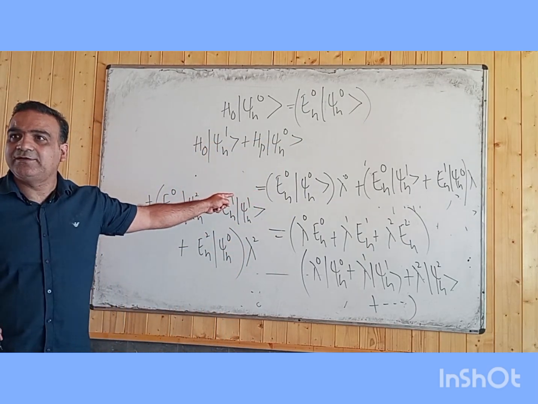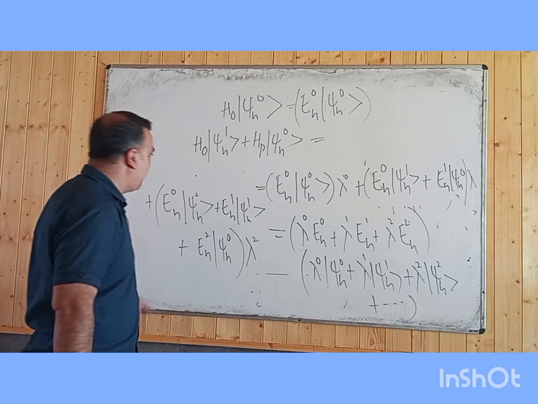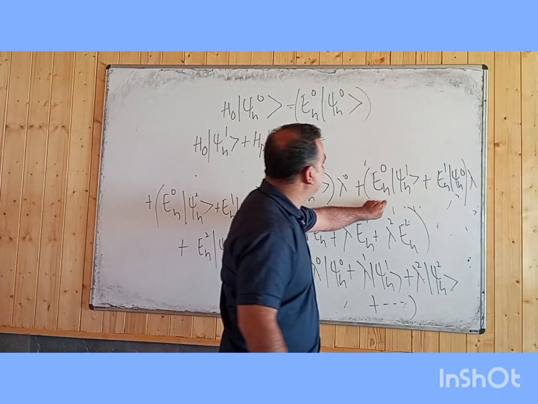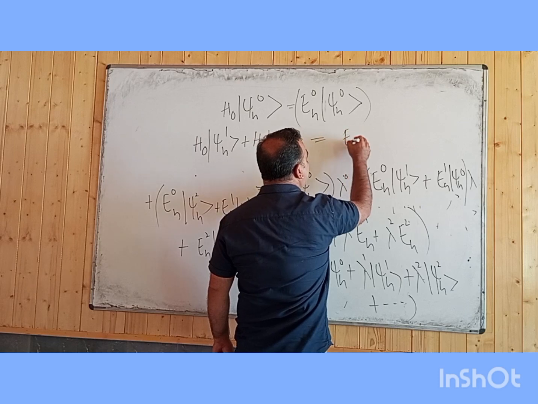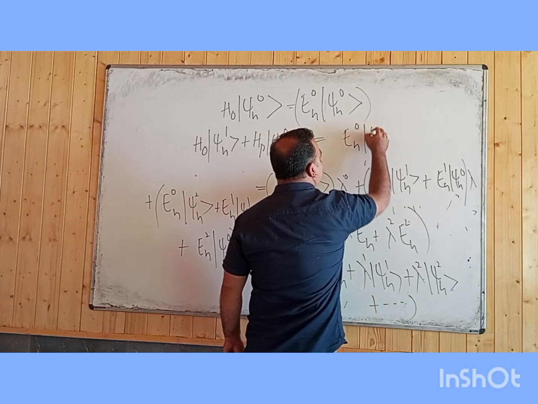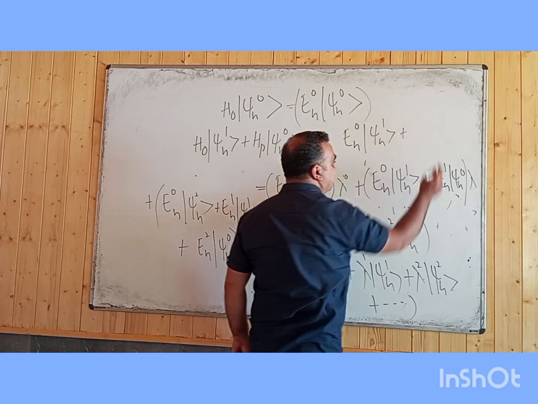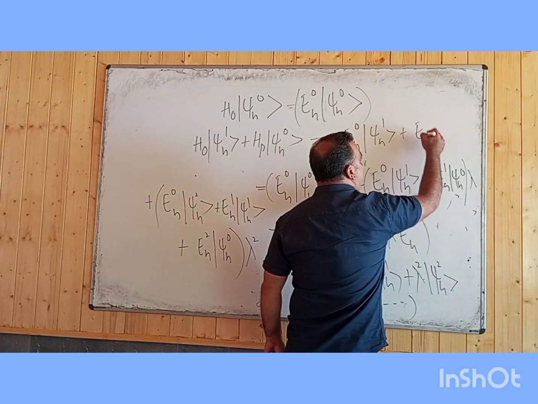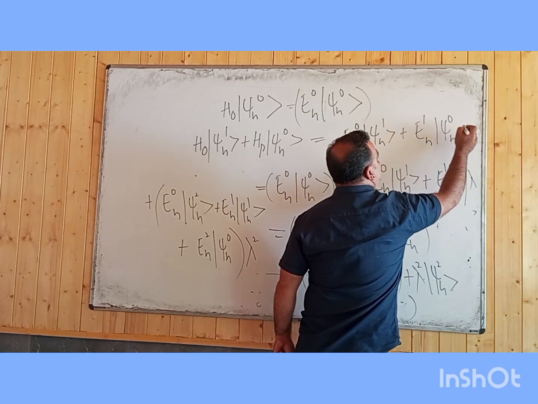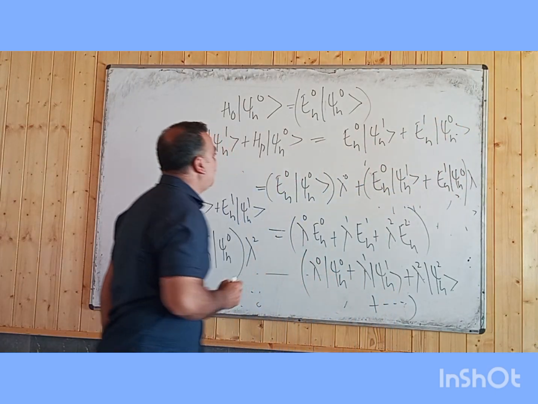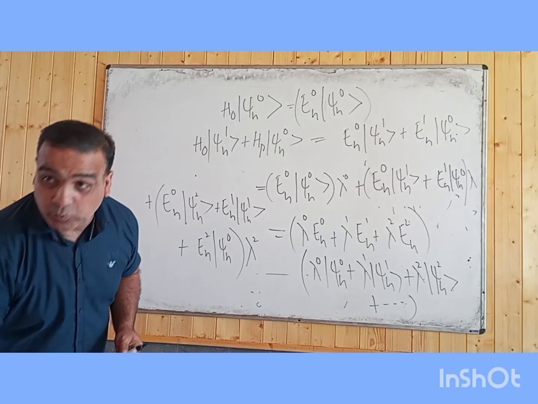Is equal to E n naught psi n 1 plus E n 1 psi n naught. Am I right? That's beautiful. So this is your another equation, and you will have the third equation.